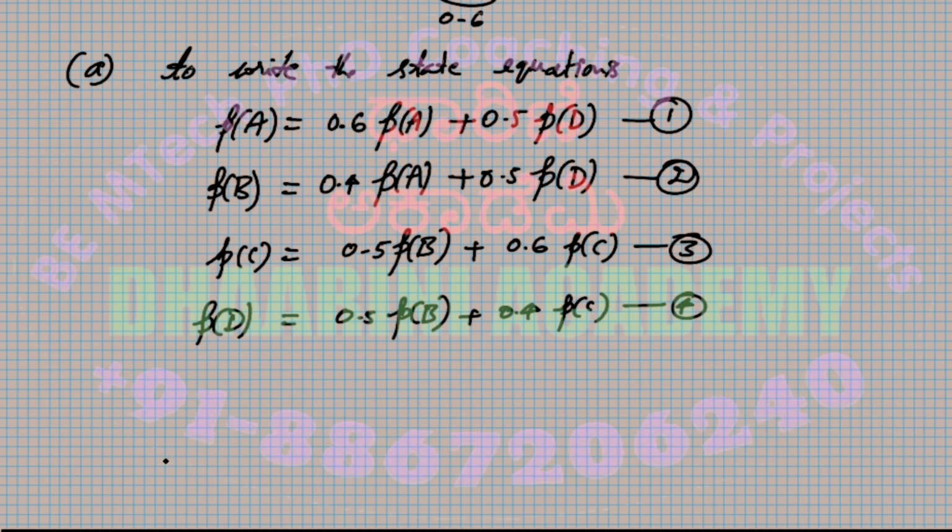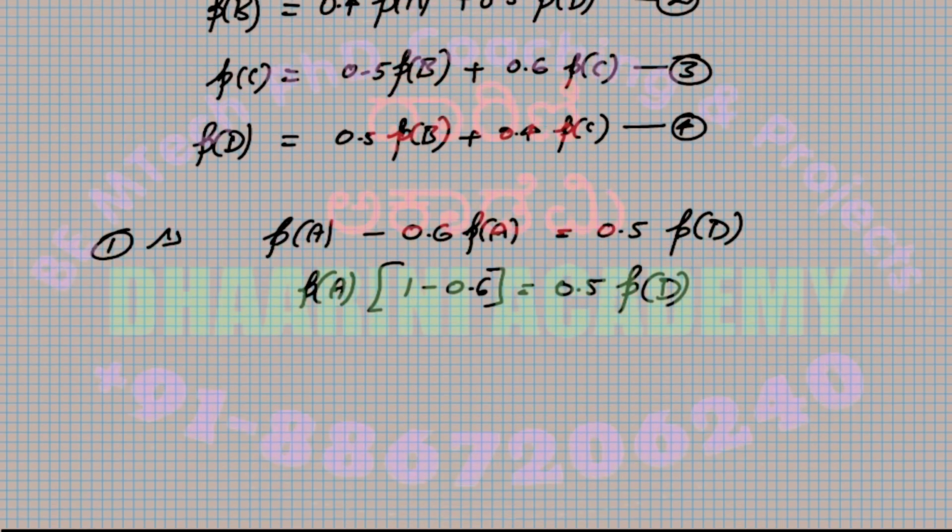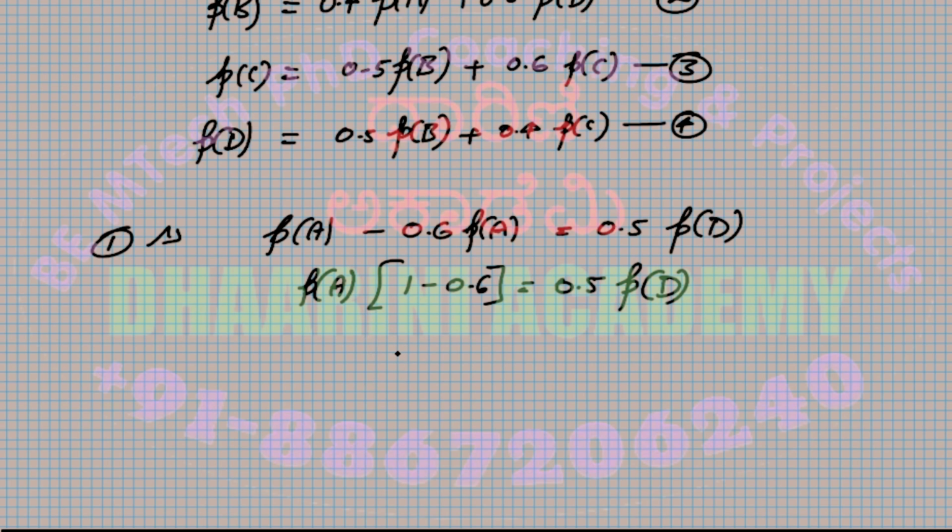From 1, I can try to write a relationship. That is, P of A minus 0.6 P of A is equal to 0.5 P of D. I can take P of A common: 1 minus 0.6 is equal to 0.5 P of D. So that means I'll get a relationship between P of A and P of D directly.